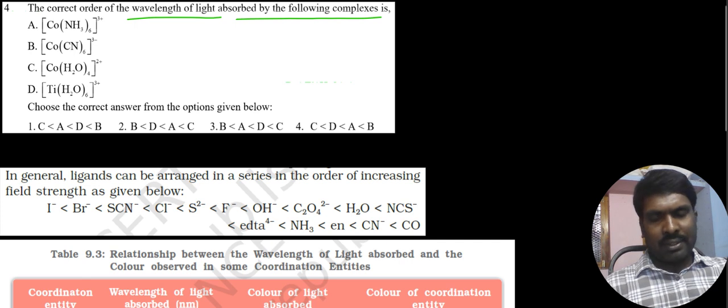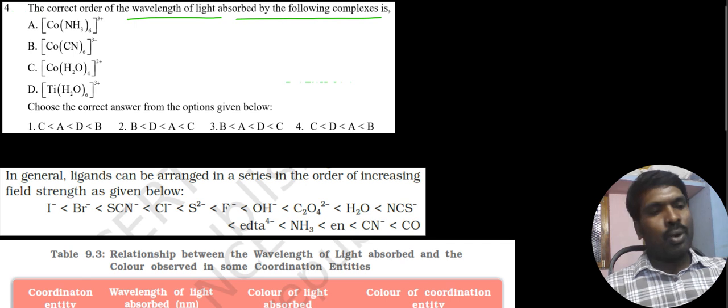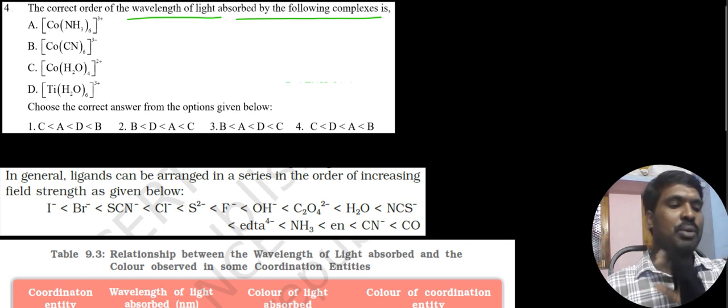In which complex will electrons not be paired? It follows Hund's rule. In that complex electrons will not be paired, so there is a chance of more unpaired electrons, and then it can absorb a more wavelength of light.